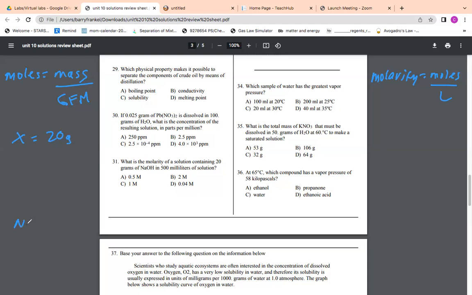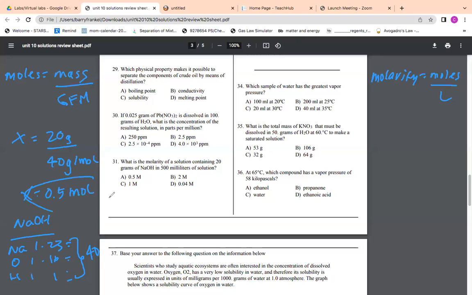And for NaOH, the gram formula mass, there's only one Na, one oxygen, and one hydrogen. This is 23, this is 16, this is 1. You add them all up, you should get 40. So this is 40 grams per mole. Divide these and we get 0.5 moles.